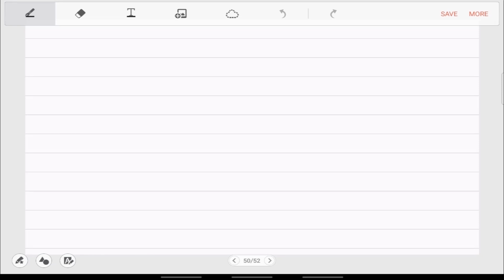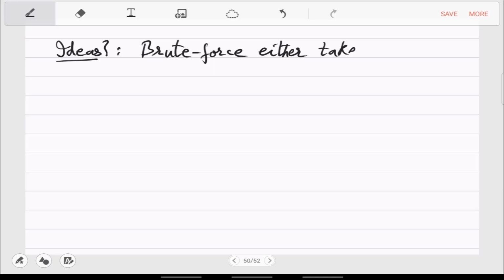So those were the old ideas. So brute force either takes order n square space, and query is then order 1 time.